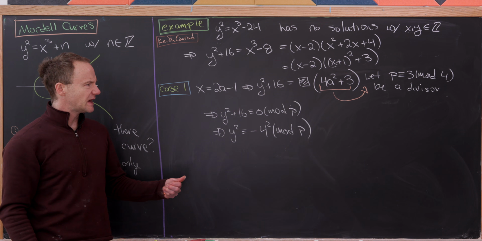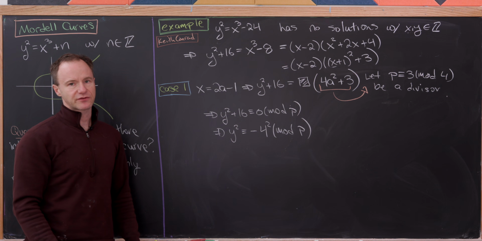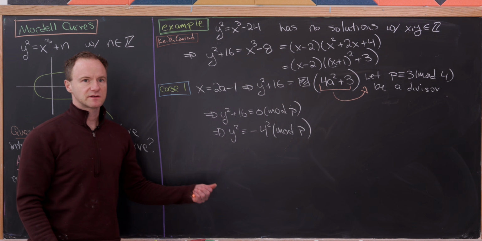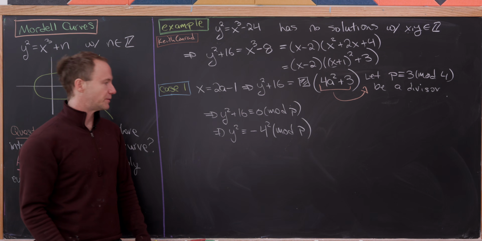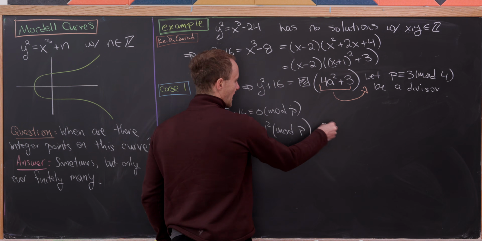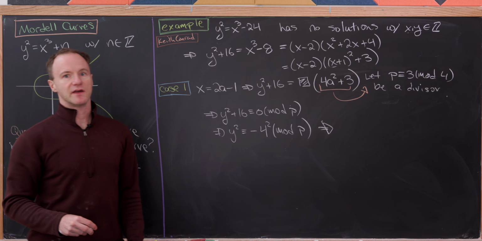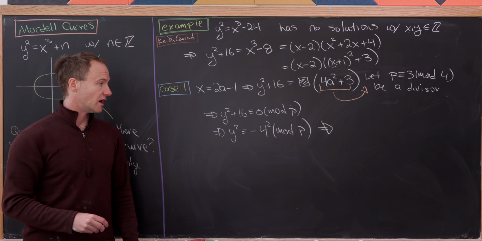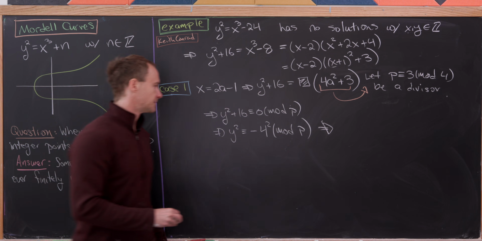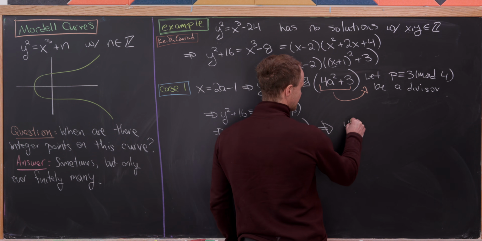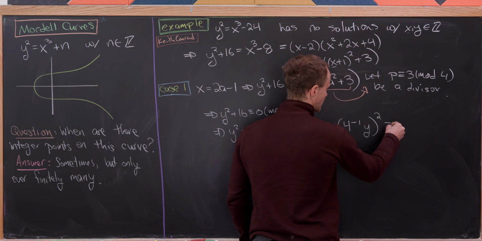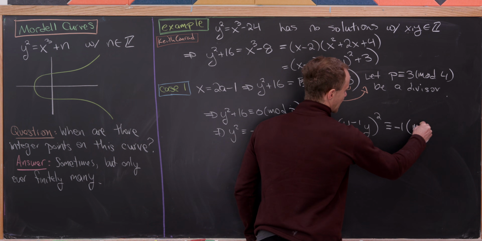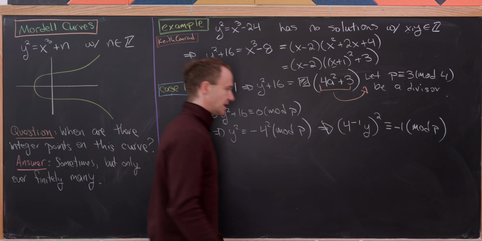But now p is a prime that's congruent to 3 mod 4. That means 4 has a multiplicative inverse modulo p. So let's multiply both sides of this congruence by the multiplicative inverse of 4 squared. So that's going to give us something like this. I'll write that as (4 inverse times y) all squared is congruent to minus 1 mod p.